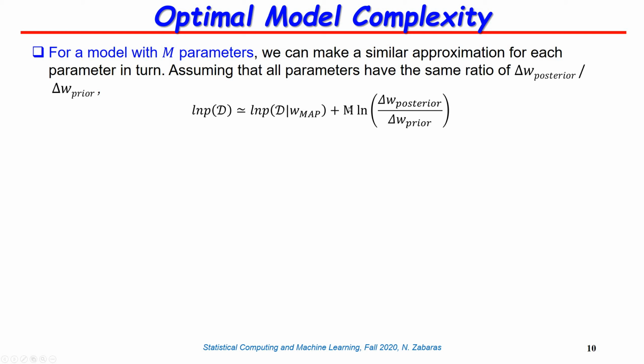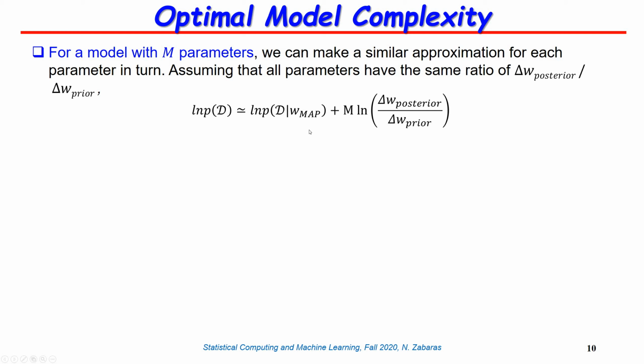But then at the same time, you need to minimize the complexity of the model defined by this m. And I remind you, you need to minimize because this ratio here, this parenthesis, is less than 1, so the log is less than 0. So this is a negative term. So you need to penalize the complexity when you maximize the marginal likelihood. So you have two competing terms.